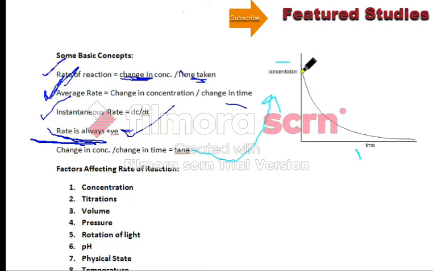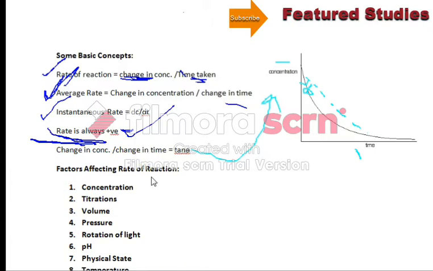If you see it, from here, if we draw imaginary lines, it forms a triangle. From that triangle, this is theta. From this theta we got the change in concentration by change in time equal to tan theta. You can see it, the opposite by adjacent.